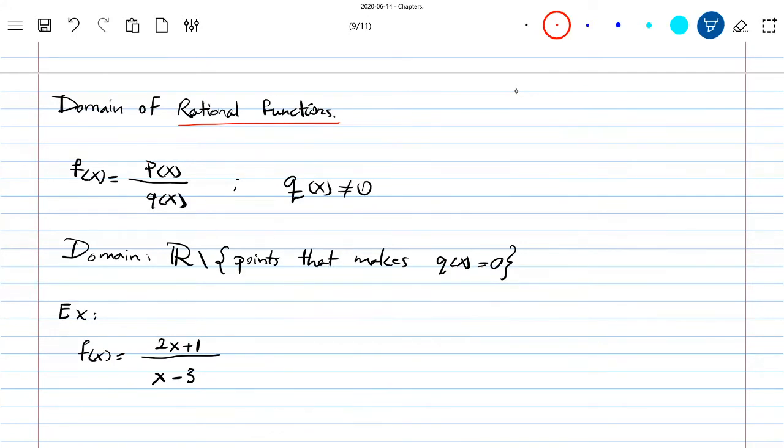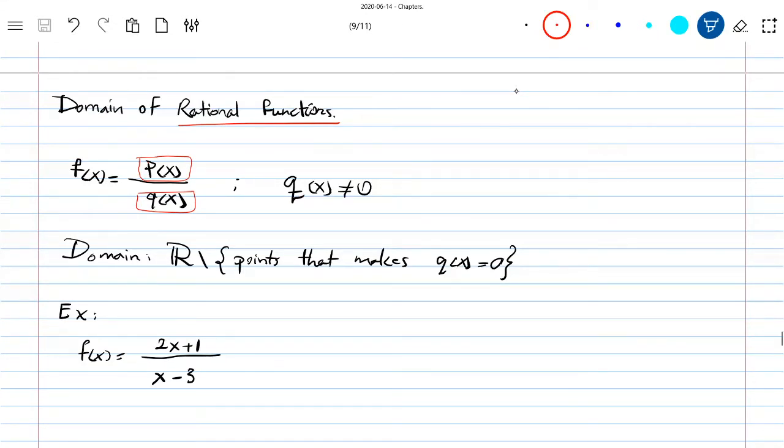Normally they write the function in terms of p of x divided by q of x. That means you have a fraction with a numerator as well as a denominator. There could be a constant, but the denominator normally depends on the variable x. Otherwise, it's a linear or quadratic or polynomial type.